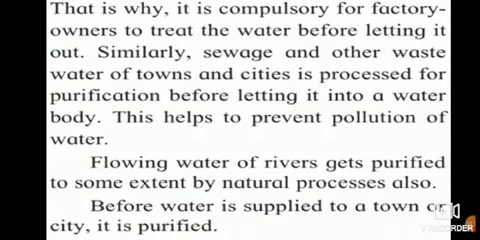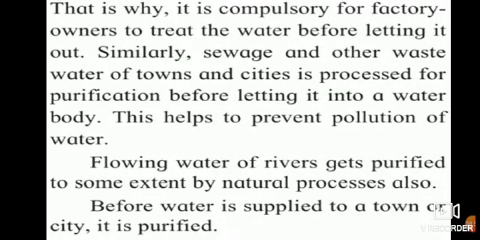So that is why it is compulsory for factory owners to treat the water before letting it out. Similarly, sewage and other wastewater of towns and cities is processed for purification before letting it into a water body. This helps to prevent pollution of water.